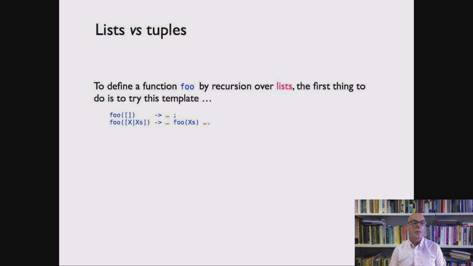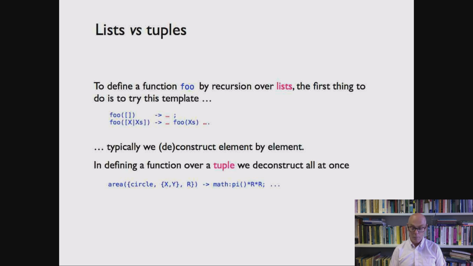If we define a function over a list, by recursion over a list, the first thing we do is to try a template like the one we've seen time and time again. So typically what we do with a list is we deconstruct it, or alternatively, we construct it element by element. Whereas in defining a function over a tuple, for example the area function, we deconstruct it, or if you like, construct it all at once.